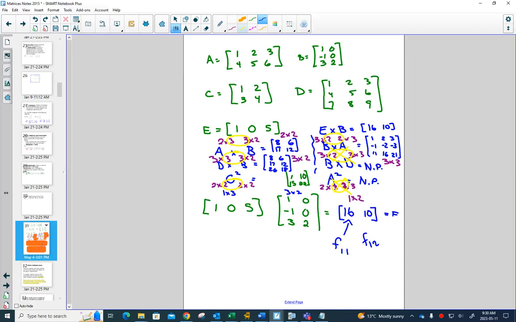Now, as a starting point, can you see in row 1 and column 2, there's a 5 and a 2, and if you multiply, that makes 10. But that would just be me multiplying this 5 times that 2 and getting 10.